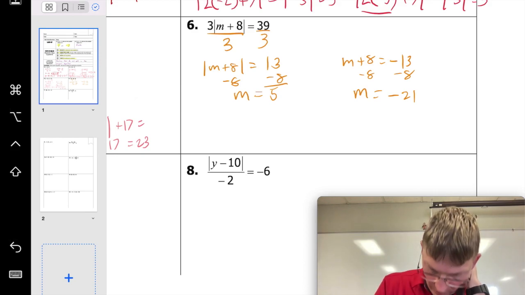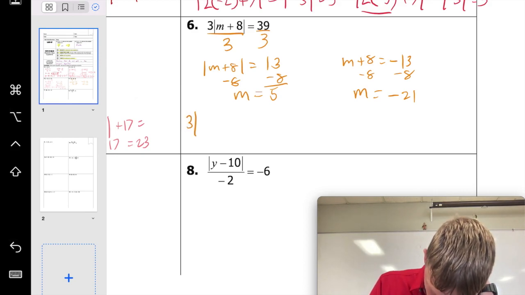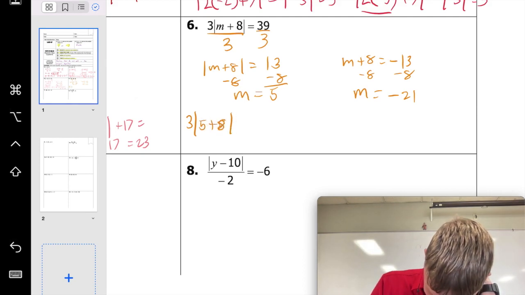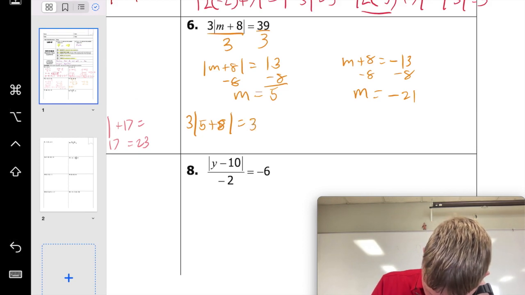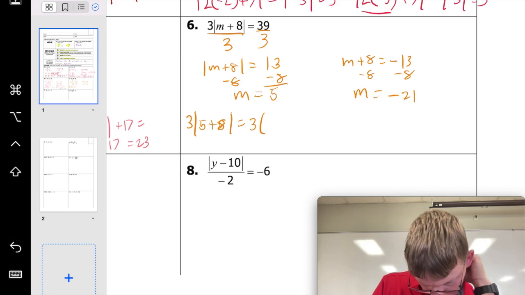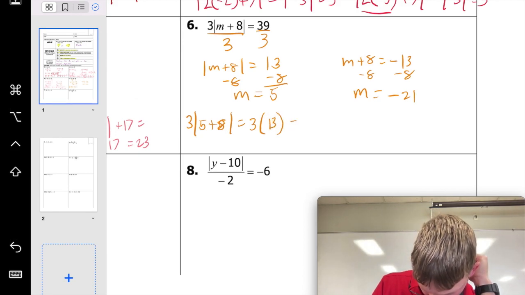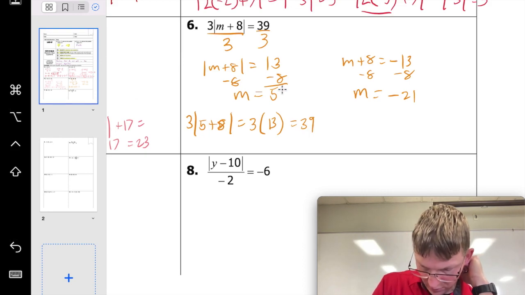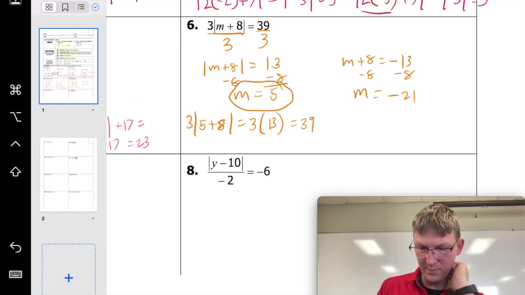So over here, we've got 3 absolute value of 5 plus 8, which is equal to 3 times, what is 5 plus 8? 13, which is 39. So this one's a good solution.